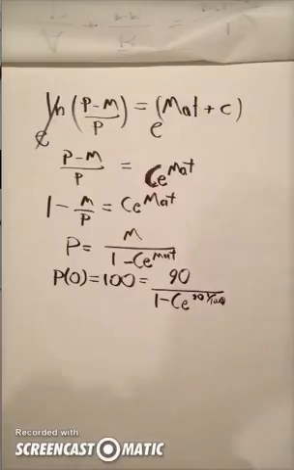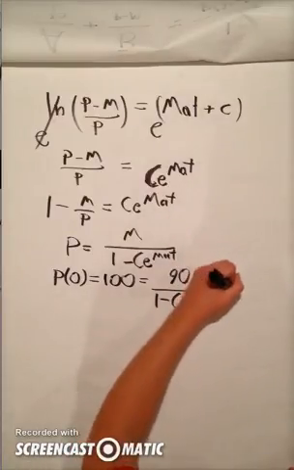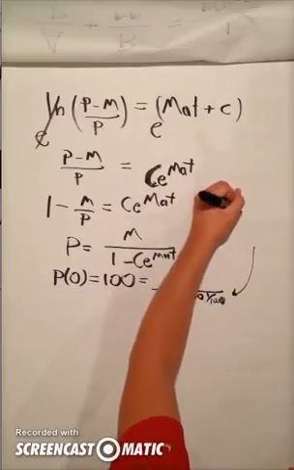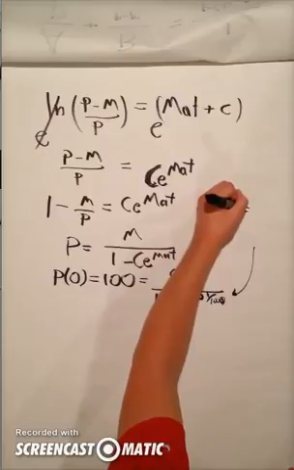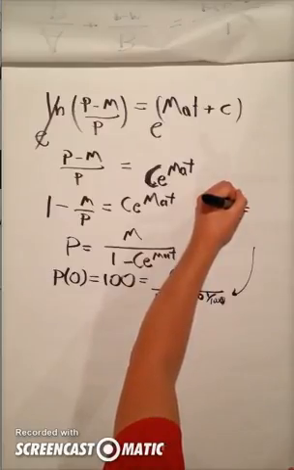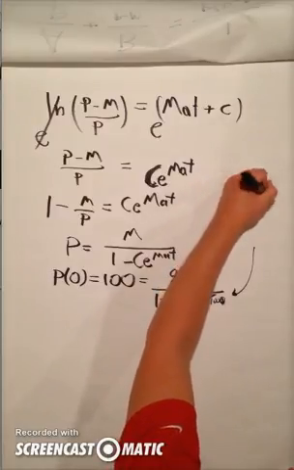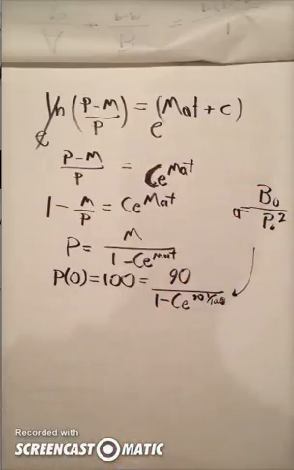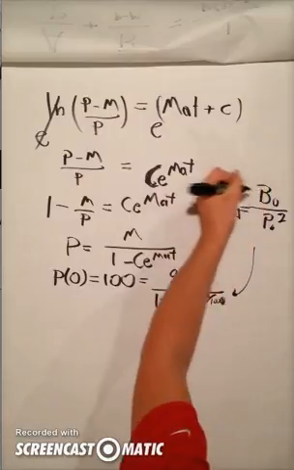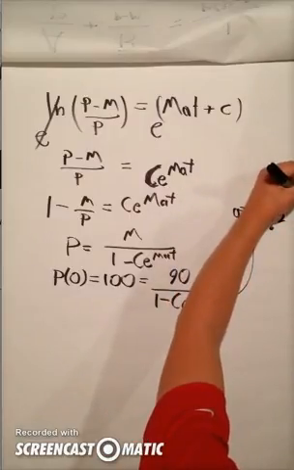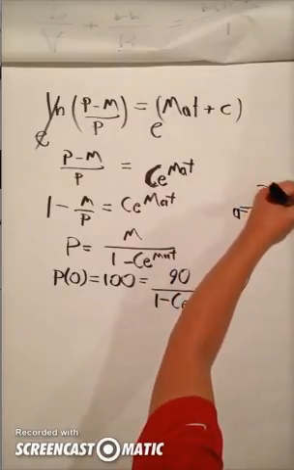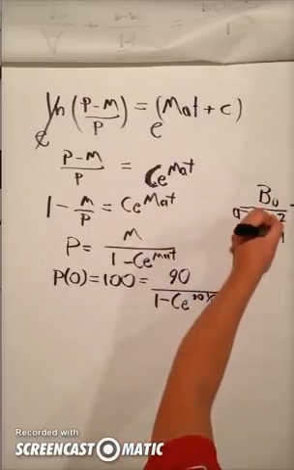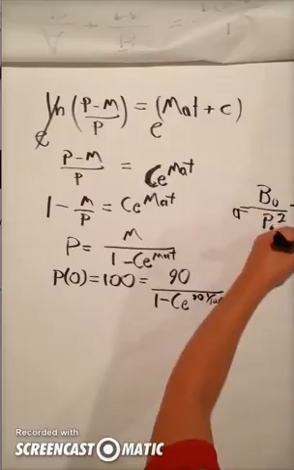A, as we saw before, is P naught over P naught squared, which equals 1 over 1,000.